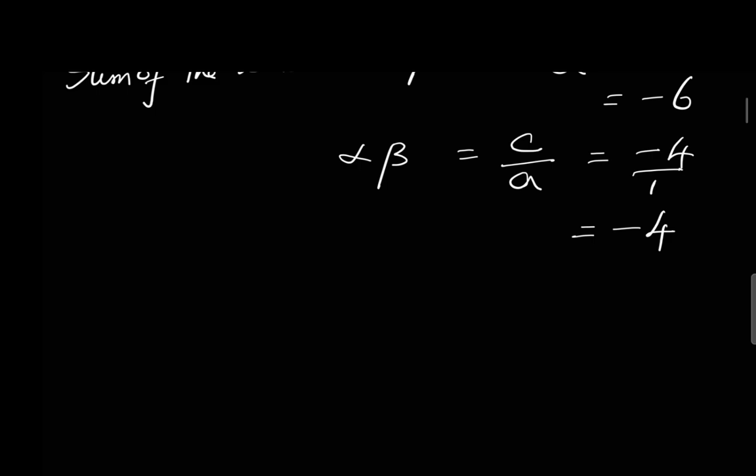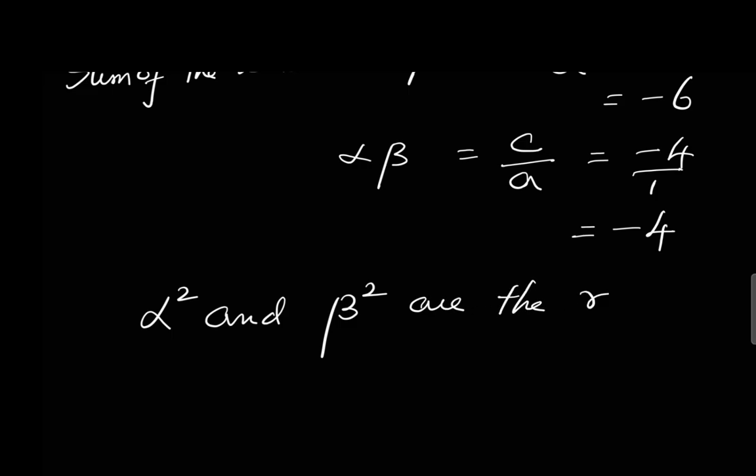For finding the equation, we need to find sum of the roots and product of the roots. So alpha squared and beta squared are the roots. Sum of the roots: alpha squared plus beta squared.